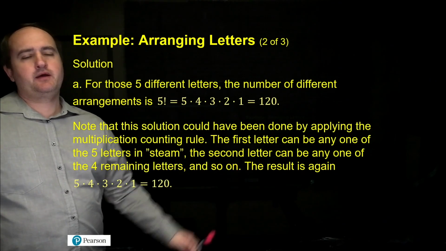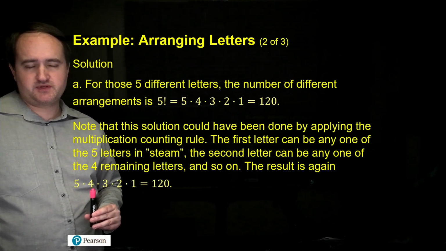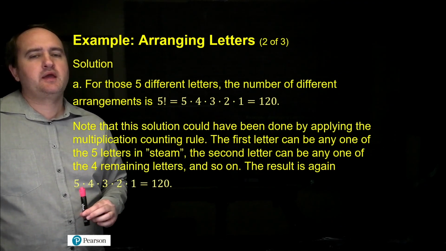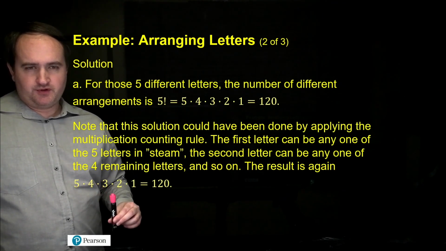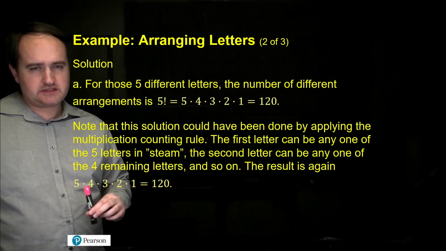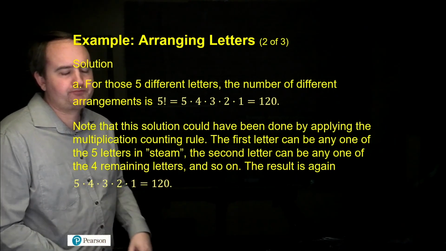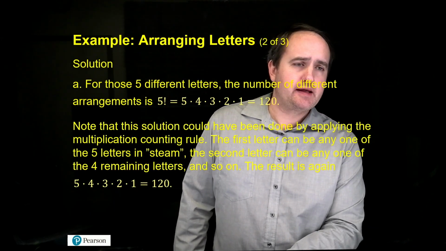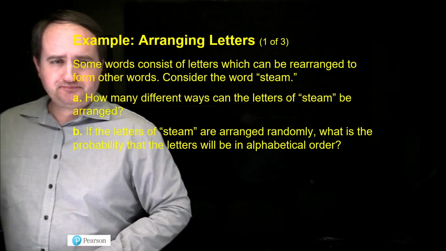Well, for the second letter, that means we've already chosen the first letter, so there's only 4 choices for the second letter, and then 3, and then 2, and then 1. And then when you multiply the number of possibilities for each letter, that's the multiplication counting rule, you get the same number, 120. So there are 120 different ways to arrange the letters, or to arrange 5 objects in order.